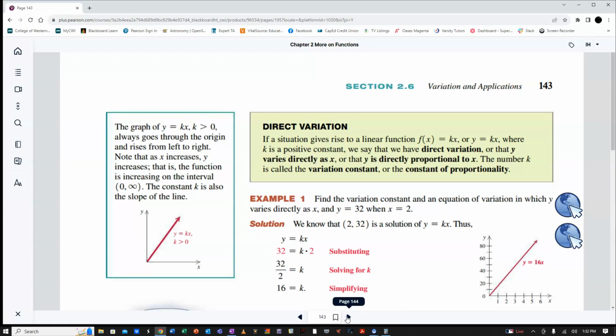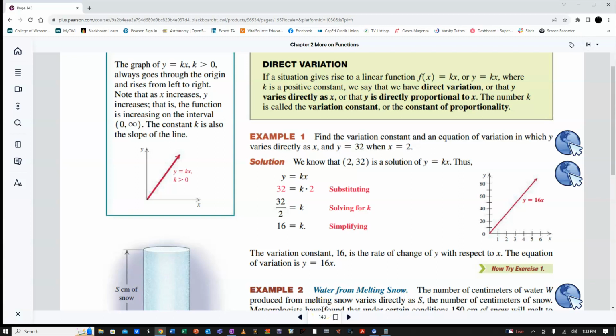If a situation gives rise to a linear function, f of x equals some number k times x, or equivalently y equals k times x, where k represents a positive constant, we say that we have a direct variation, or that y varies directly as x, or that y is directly proportional to x. The number k in this equation is called the variation constant, or occasionally it's referred to as the constant of proportionality.